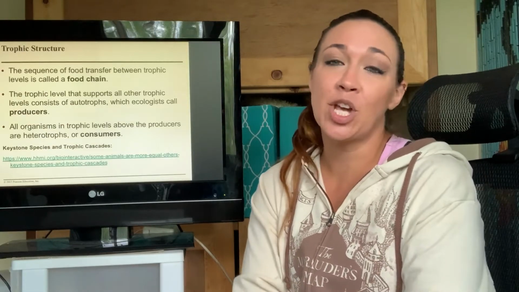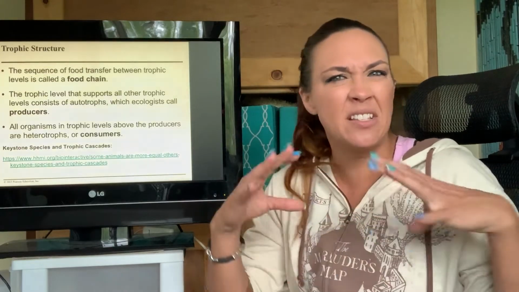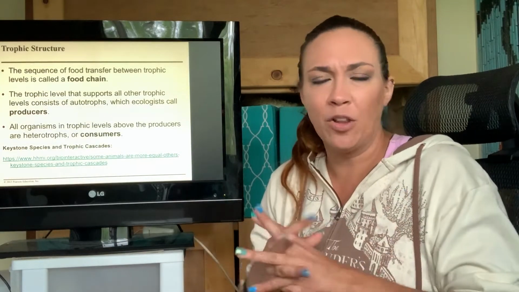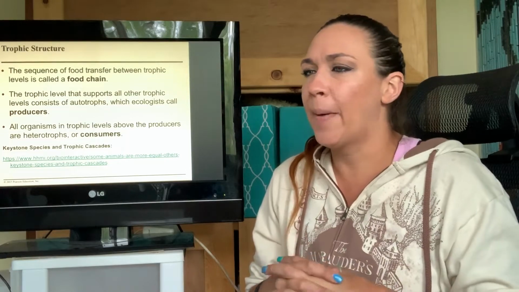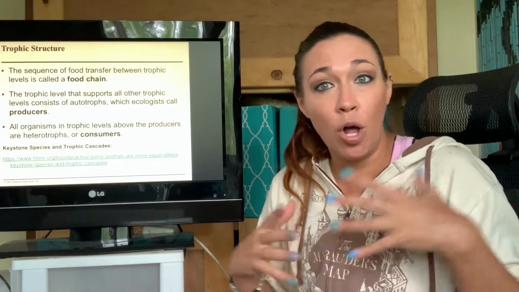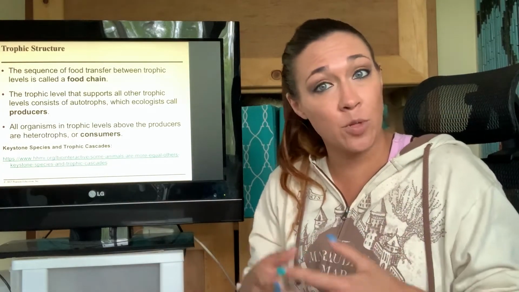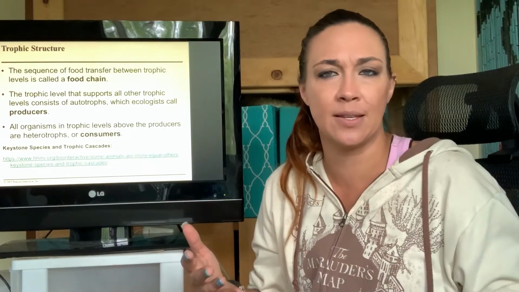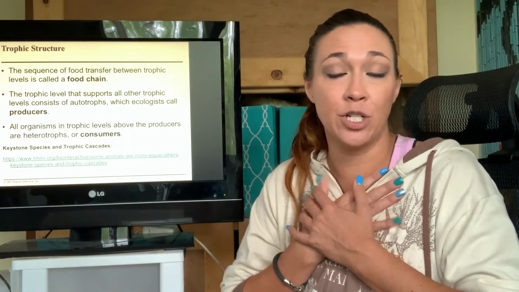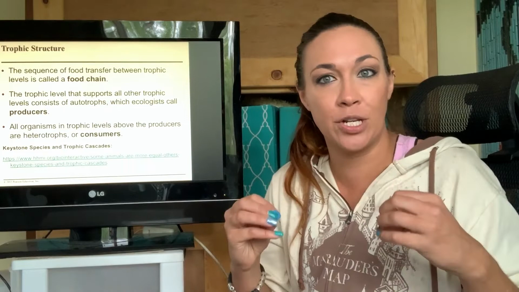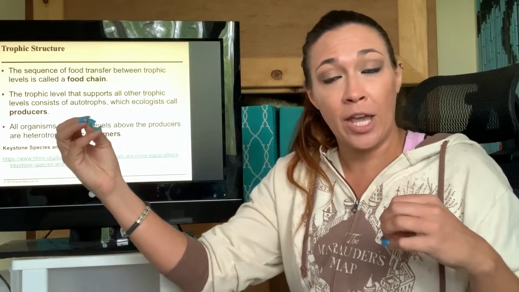All right, next thing we're going to be talking about is trophic structures. We've talked a little bit about the base of the food web, or the food chain, as we call it. That would be the primary producers, and all energy on our planet comes from those primary producers. We learned that in photosynthesis, right? We can't make our own energy. All of our energy comes from the sun.